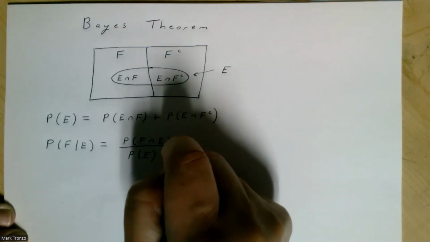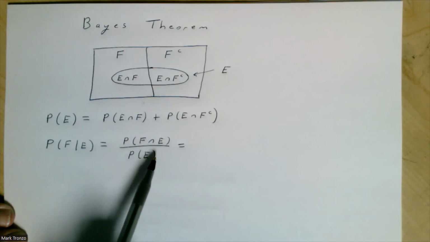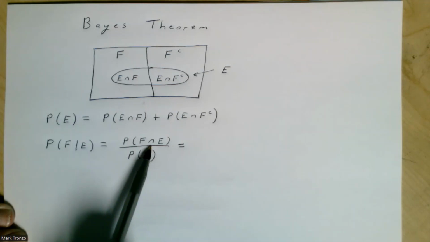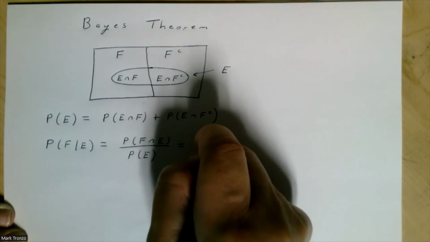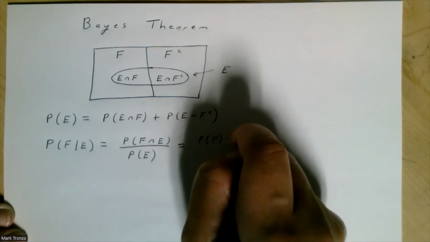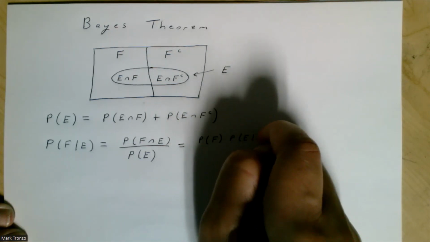And then, remember from before, we can make this equal to the probability of F times the probability of E given F.